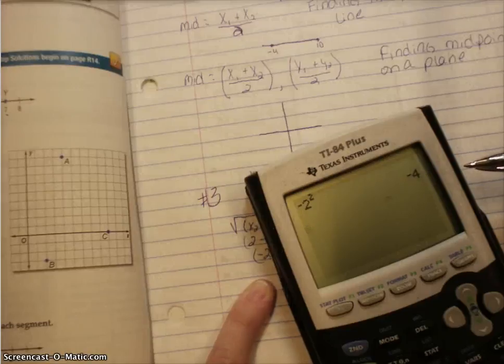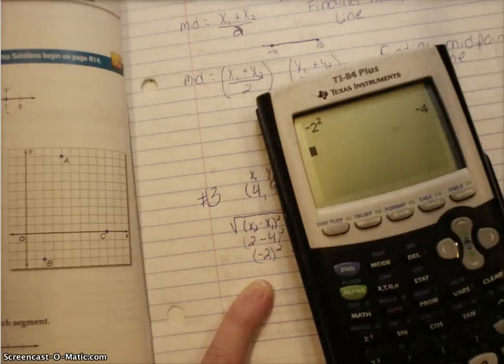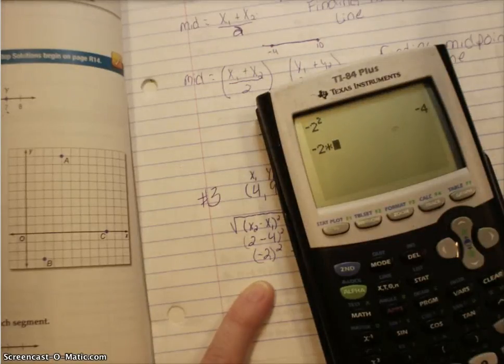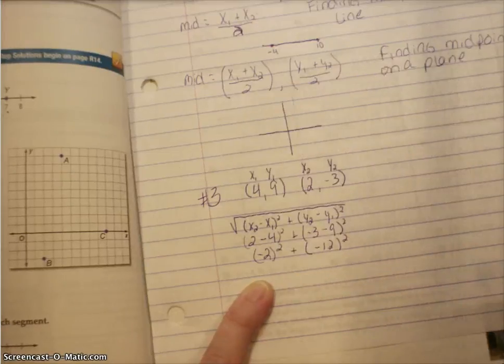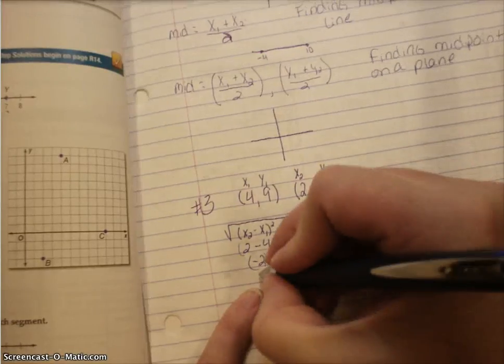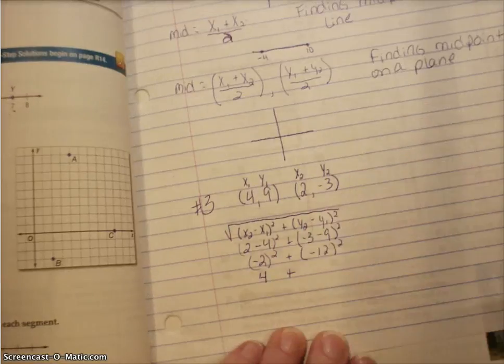That's wrong. Because what we've really done is negative 2 times negative 2. So you should have 4. Okay? This is one time when you want to be careful what the calculator says. 4, same here.